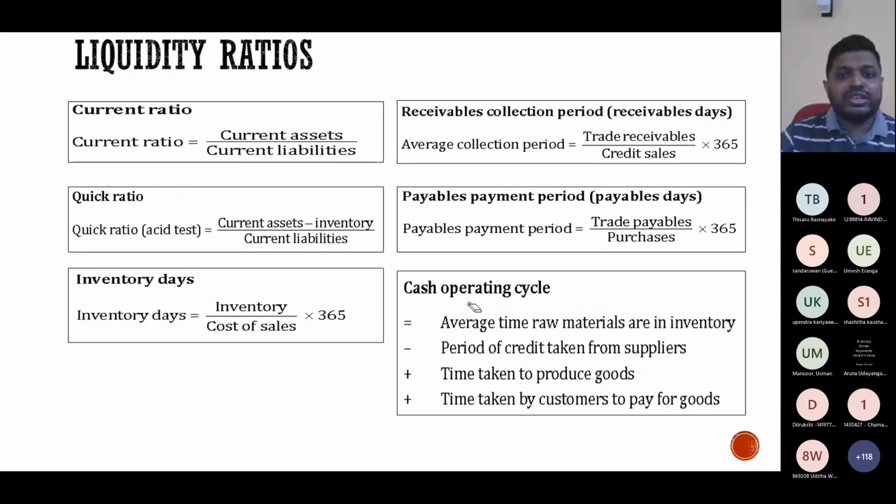Liquidity ratios: you can calculate the current ratio, quick ratio, inventory days, receivable collection period, payable payment period. Thereafter, you can calculate the cash operating cycle, that is the working capital cycle. These are some ratios you can use to evaluate your liquidity situation. It is very critical.